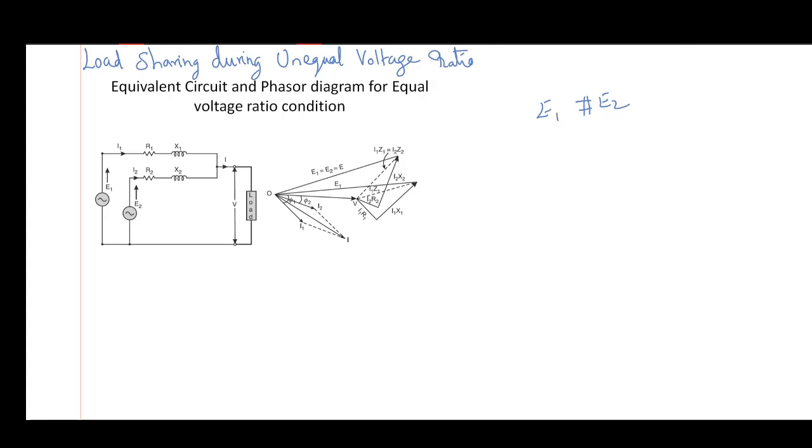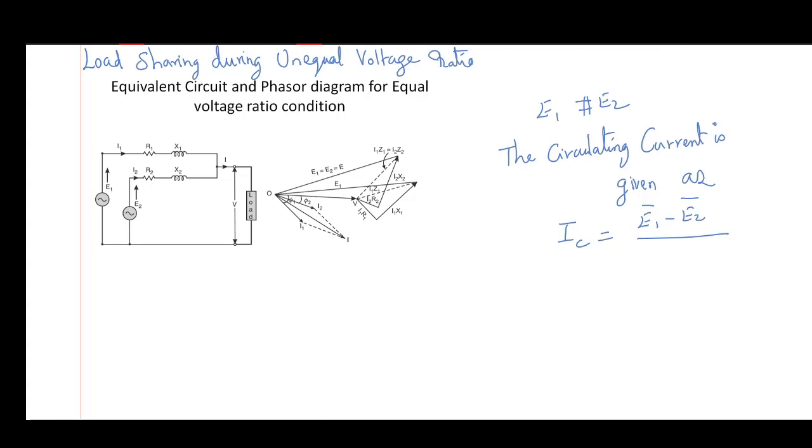The circulating current is given as IC is equal to E1 vector minus E2 vector divided by Z1 plus Z2.